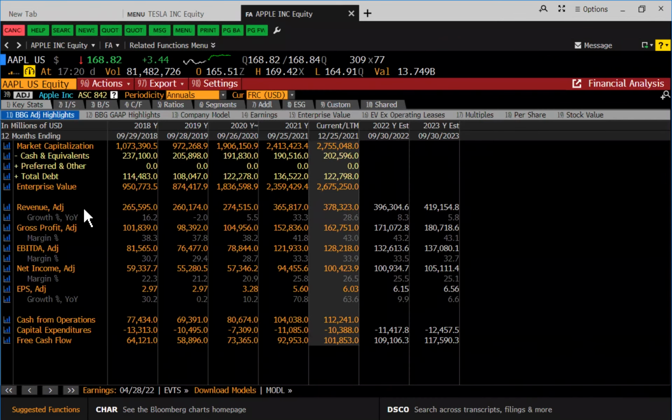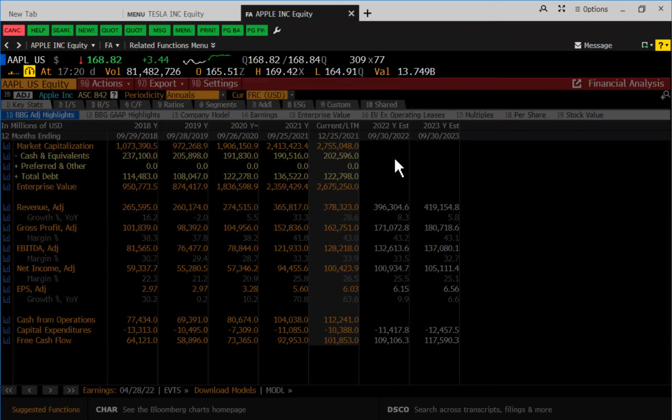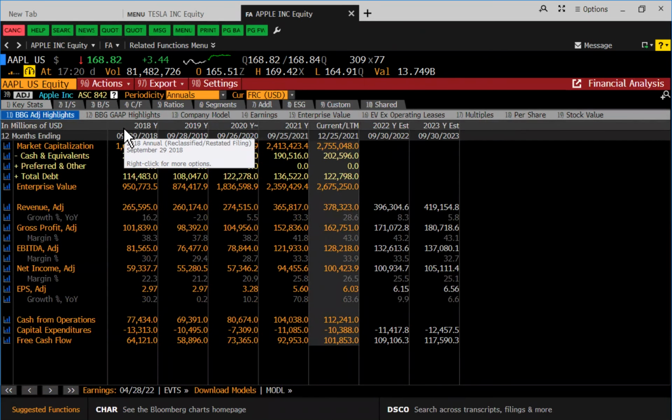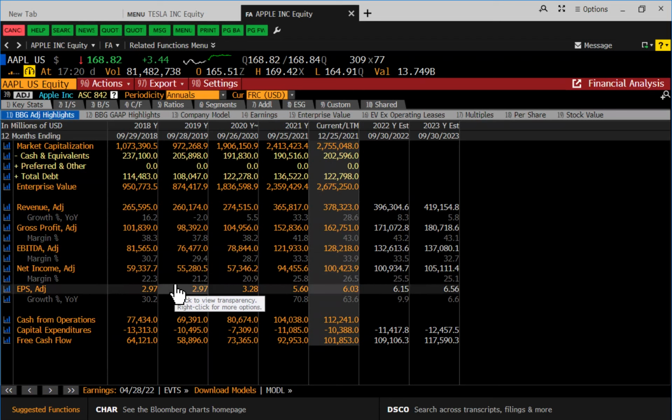So if you want to do some fundamental analysis, you're going to go ahead and choose the firm financial analyst here, or you can just type FA. That's the shortcut of this page. So you're going to see different fundamentals starting from 2018 all the way to the most current period. Now, these are the firm fundamentals, and basically it's their accounting earnings, so revenues, gross profit, EBITDA, net income, and earnings per share.